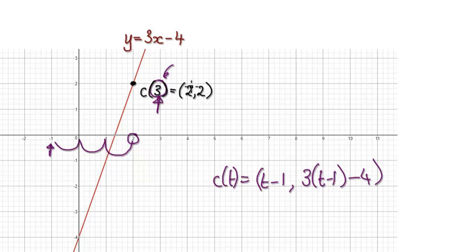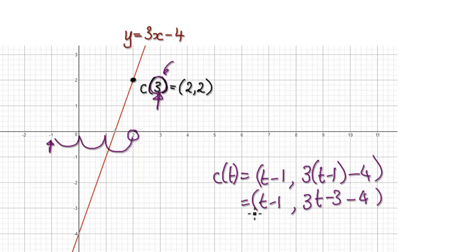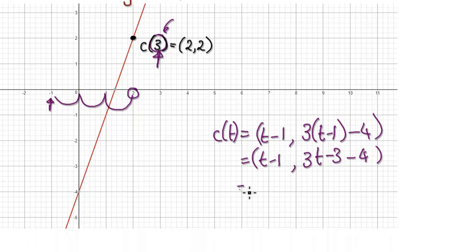So your equation will be this. If you tidy this up, it will be 3t minus 3 minus 4(t minus 1), and then tidy this up. So it would be t minus 1, and then 3t minus 7.